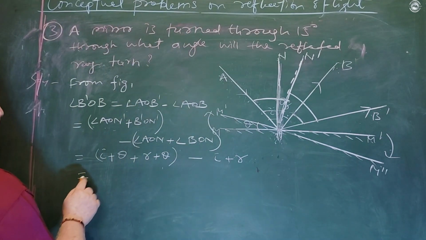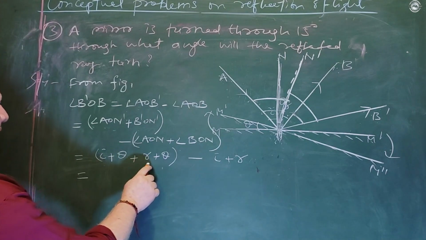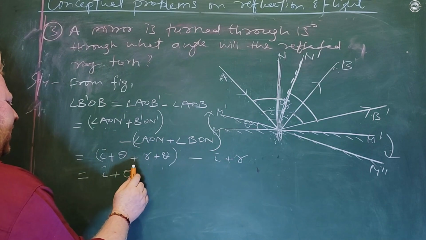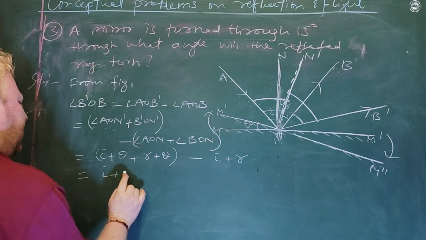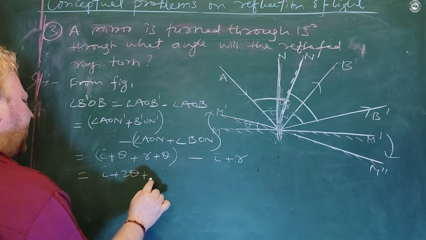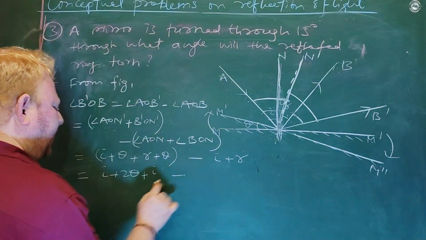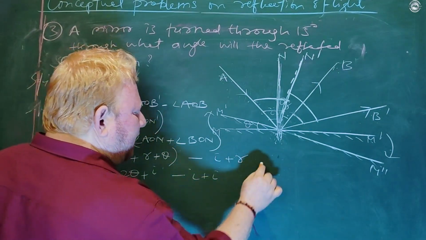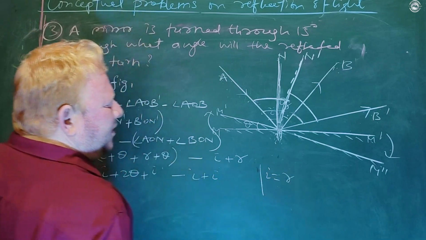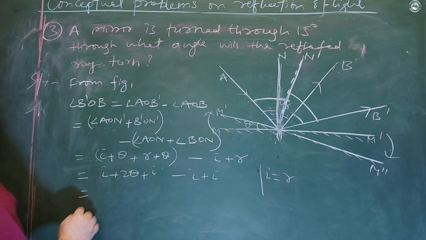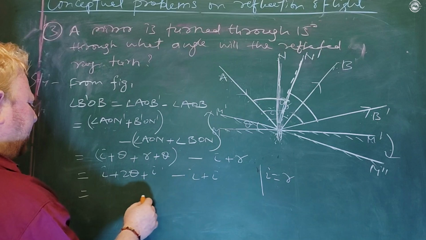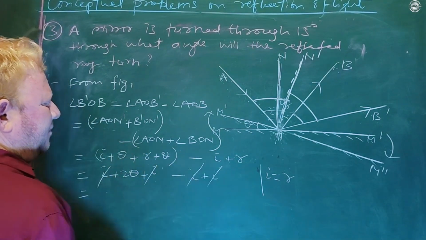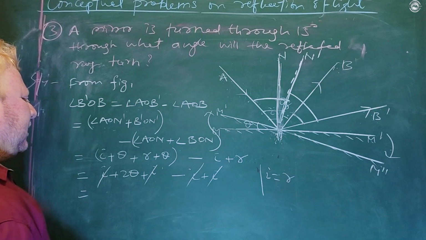So that means I equals R. So theta plus theta, 2 theta, and in place of R I will write I, as I equals R, as per the law of reflection of light. So what we are left with: this I plus I, 2I, again this I plus I cancel out, right or not?